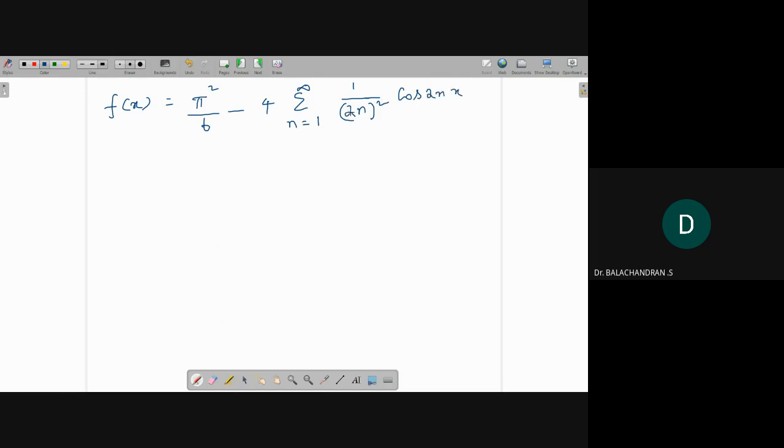So 4 gets cancelled. So f of x is equal to pi square by 6 minus summation n equal to 1 to infinity 1 by n square into cos 2nx.